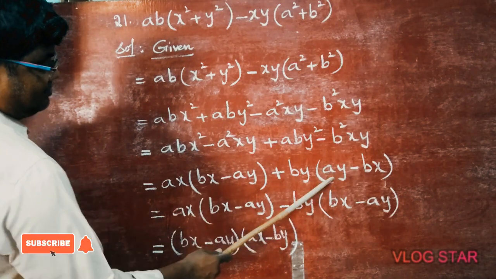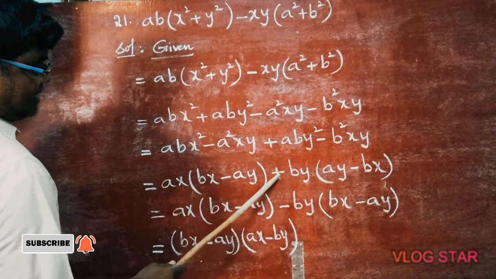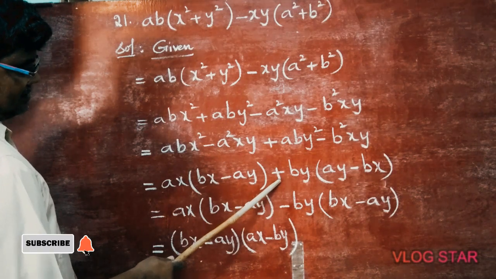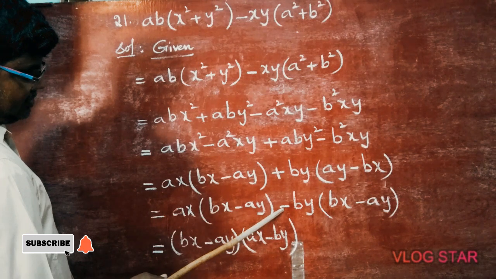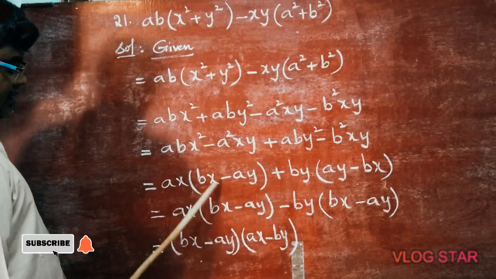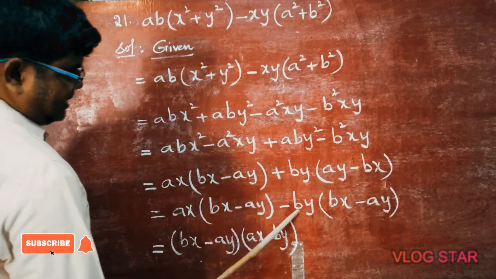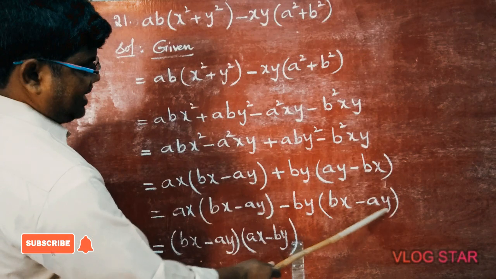When we are changing first term to second or second term to first term, sign will become opposite. Plus becomes minus. Minus becomes plus. Here plus is there, converts into minus. So ax into bx minus ay minus by. Now we are writing bx minus ay.